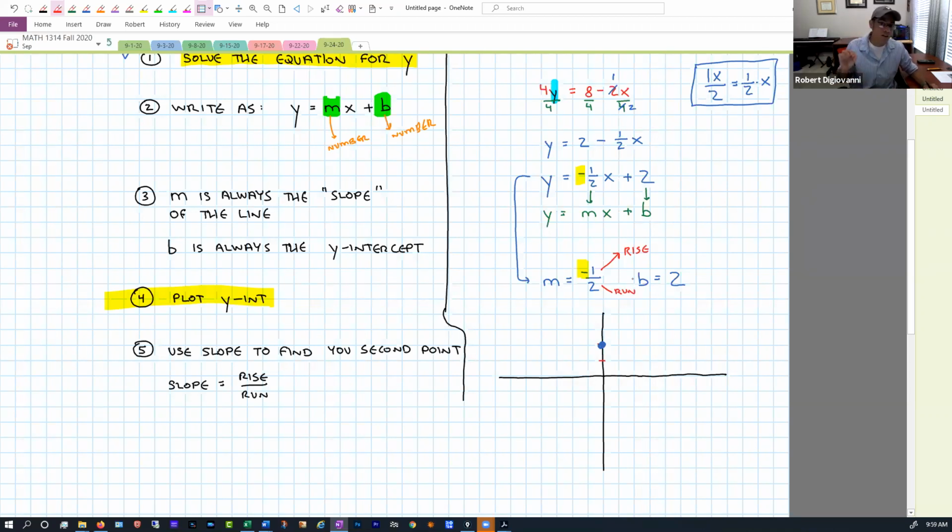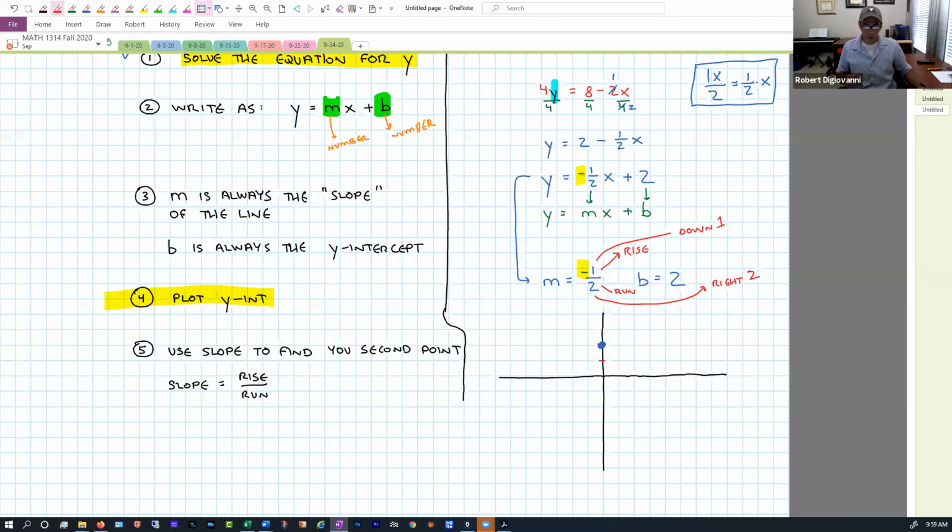So in this particular problem, a -1 on top means I need to rise by -1, which really means go down 1. And the 2 down here means I'm going to go to the right by 2. Right, because positive is to the right and negative is to the left.